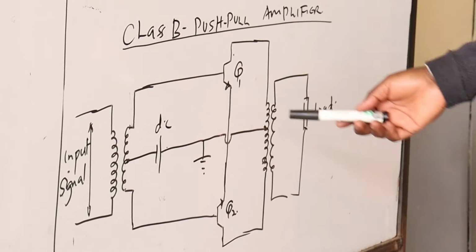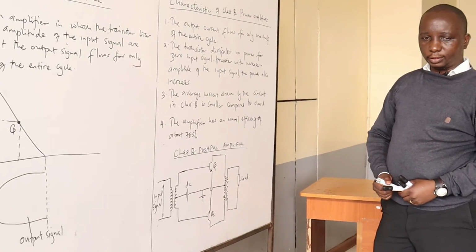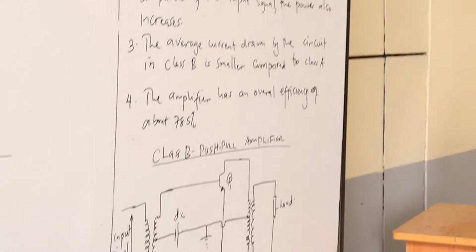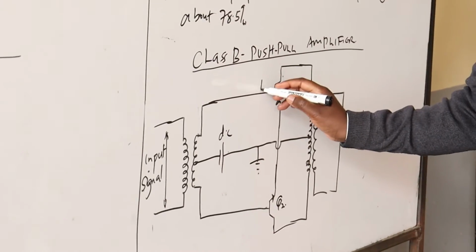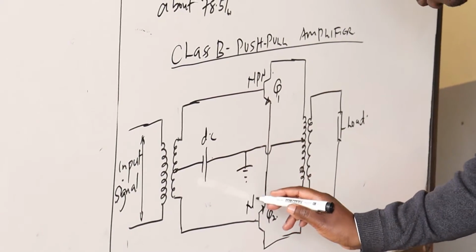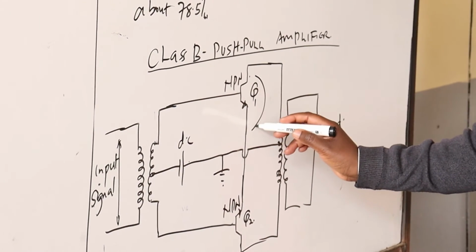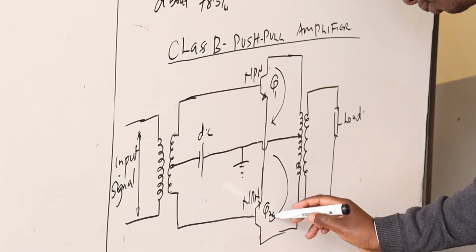So when you look at a class B amplifier, we have two transistors, normally NPN, and this is the current flow.